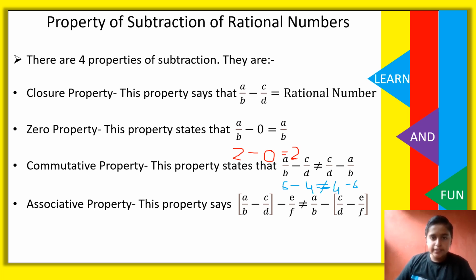So let's go to the associative property. This property says that (a upon b minus c upon d) minus e upon f is not equal to a upon b minus (c upon d minus e upon f).